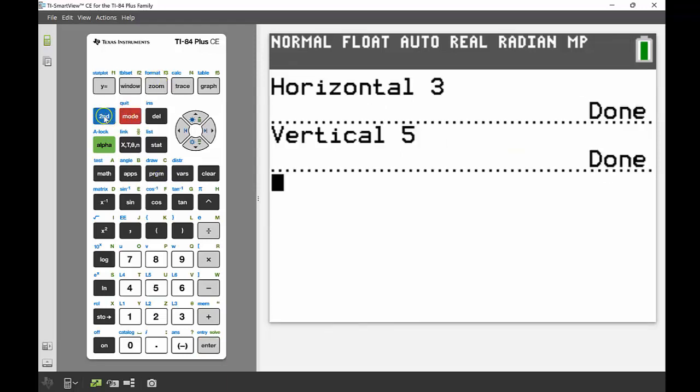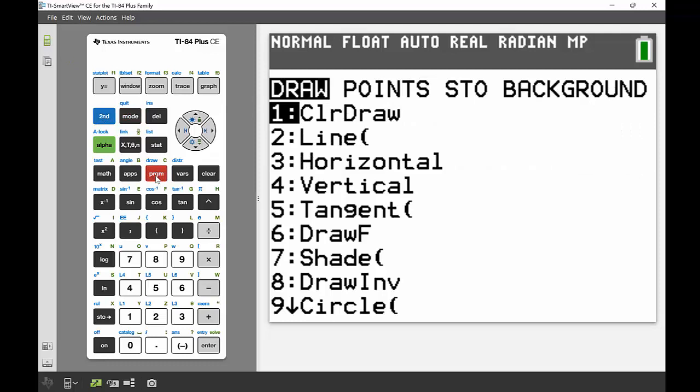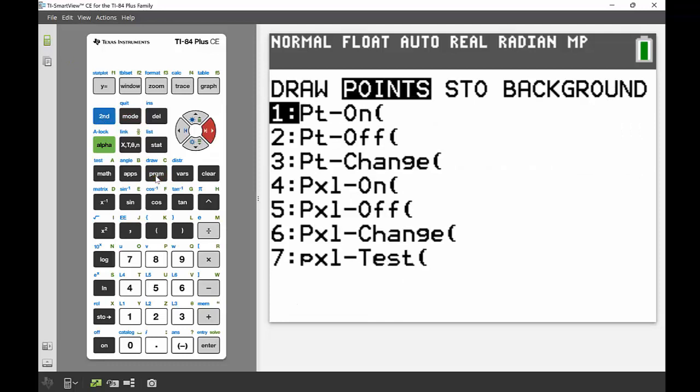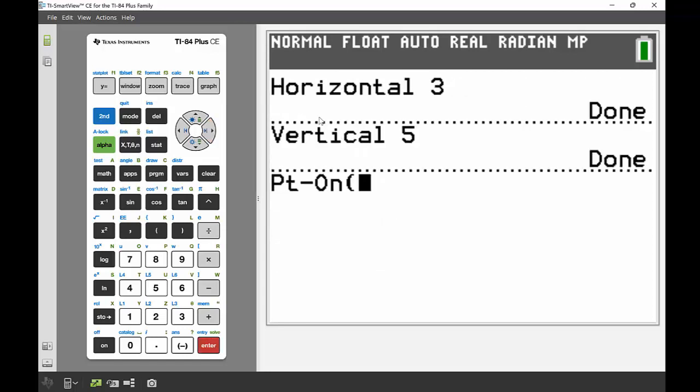The next thing I'm going to do is still use that draw menu again, but I'm going to put some points in. So I tab across with my navigation key until I'm on the points heading, and then I want to turn some points on. So again, I'm going to use this in the main screen, and I'm just going to point on that point of intersection, which is going to be at x coordinate 5, y coordinate 3.